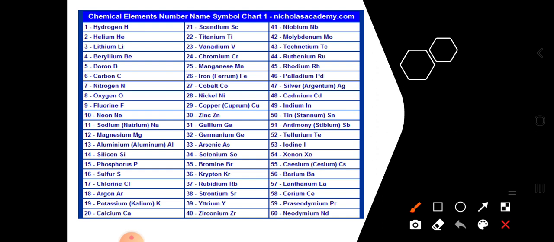So according to the present situation, there are 118 elements in total, and of them, 86 are metals. Now let us discuss the chemical elements' numbers and their symbols.